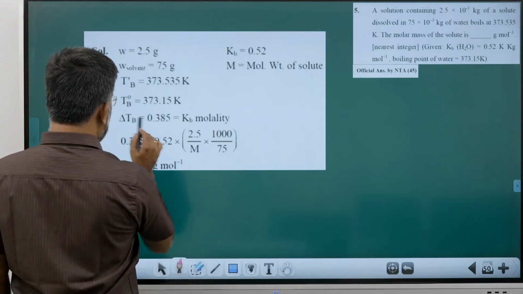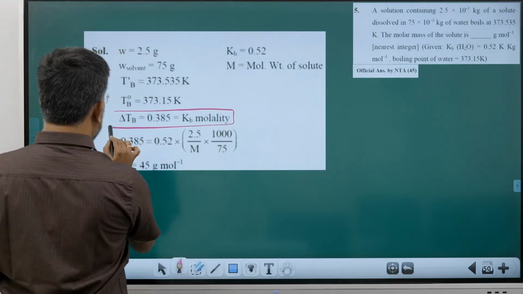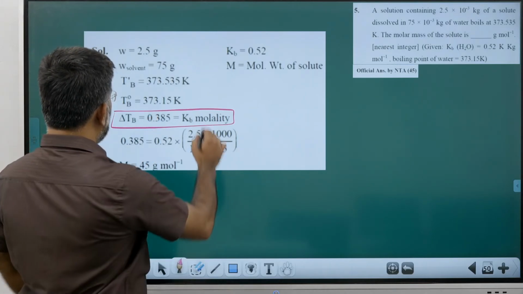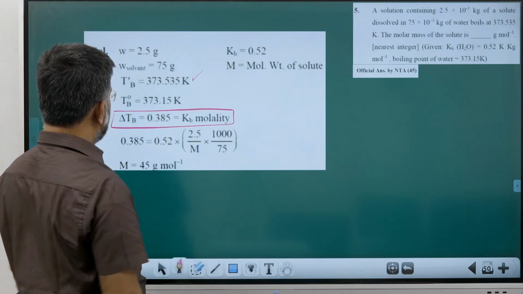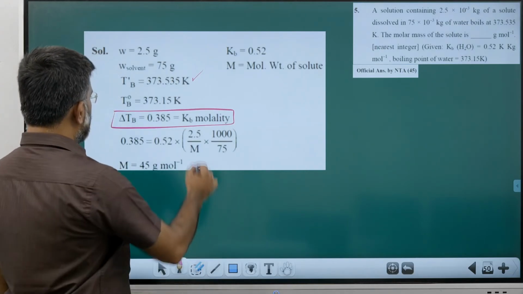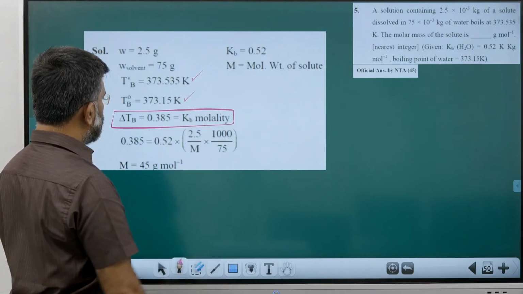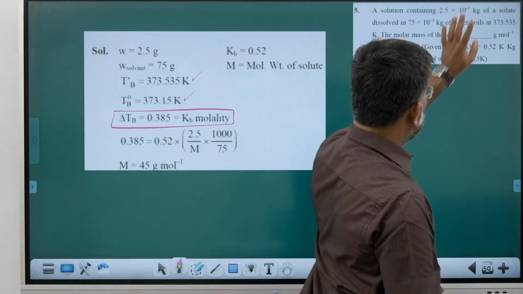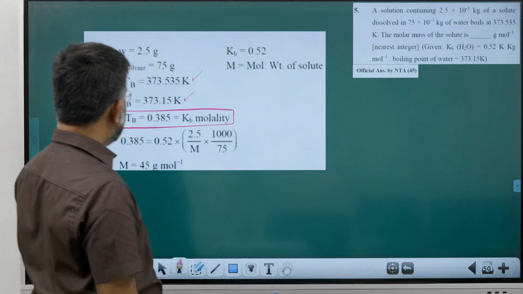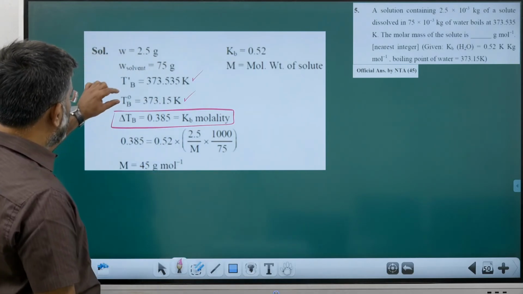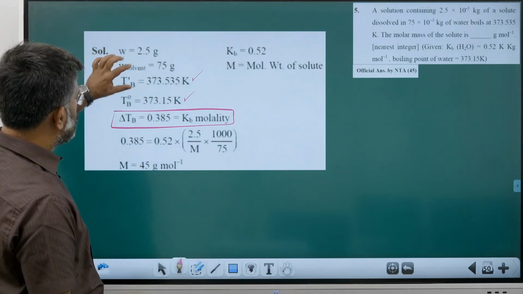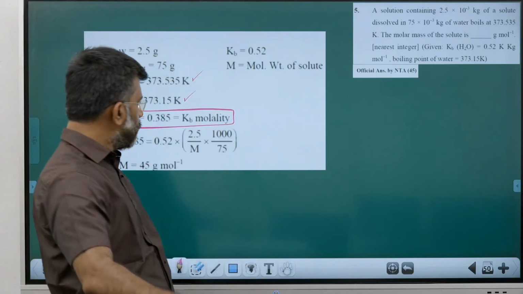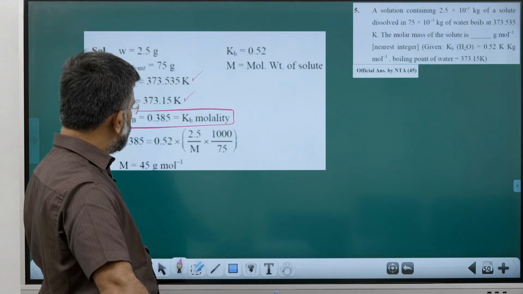Delta TB is equal to Kb into molality. How to find the delta TB? Boiling point of solution 373.535 and the boiling point of water 373.15 given in the question. Both the data given. That difference will be the elevation in boiling point, delta TB. That is equal to Kb into molality.